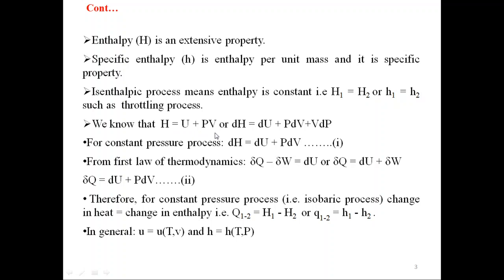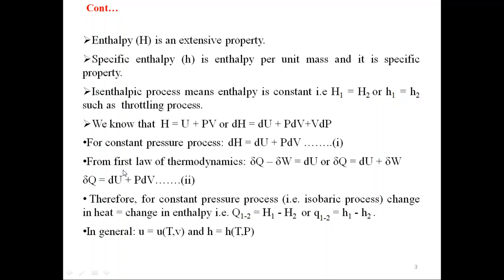For a small change, we can say dH is equal to dU plus P dV plus V dP. For a constant pressure process, the term V dP will be 0 as the change in pressure is 0. So we will get dH is equal to dU plus P dV.